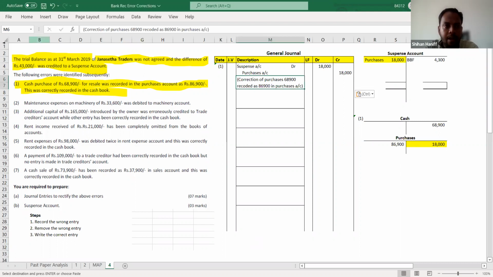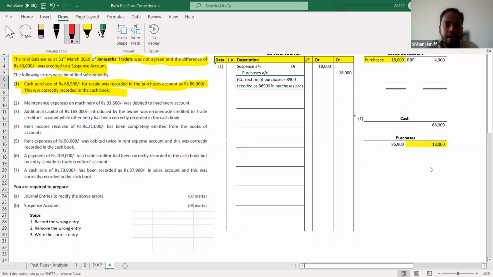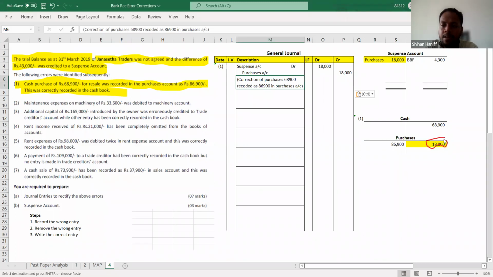Now, why is there a question? Why do we take 18,000 debit to suspense account? Because this is a single account error, right? Here 68,900, here 86,900. So this will create a difference in the trial balance. So that difference was transferred to the suspense account. To clear the suspense account only, we transfer.